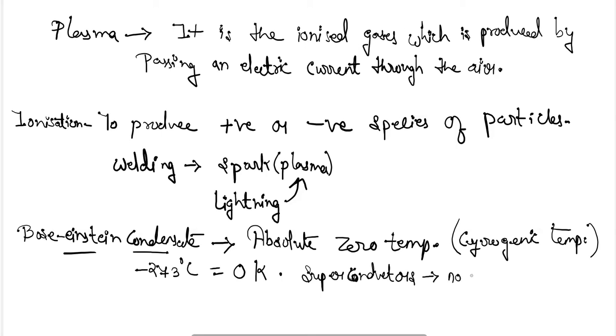Zero resistance is provided there. Similarly, superfluids are also examples of Bose-Einstein condensates. So superfluids and superconductors are examples of the Bose-Einstein condensate, which works at absolute zero temperature. These were the two extra, new states of matter in science.